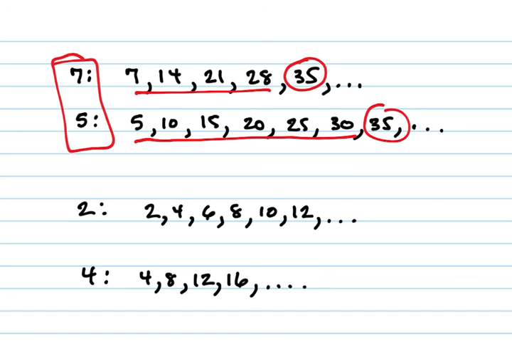So 2 and 4 have lots of common multiples, don't they? As a matter of fact, every multiple of 4 is also a multiple of 2. And the reason for that is 2 is a factor of 4.